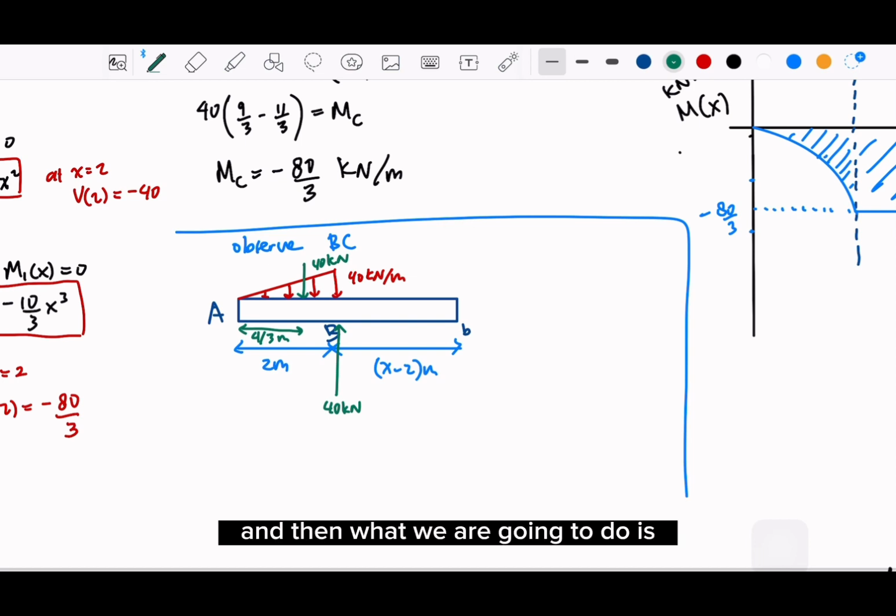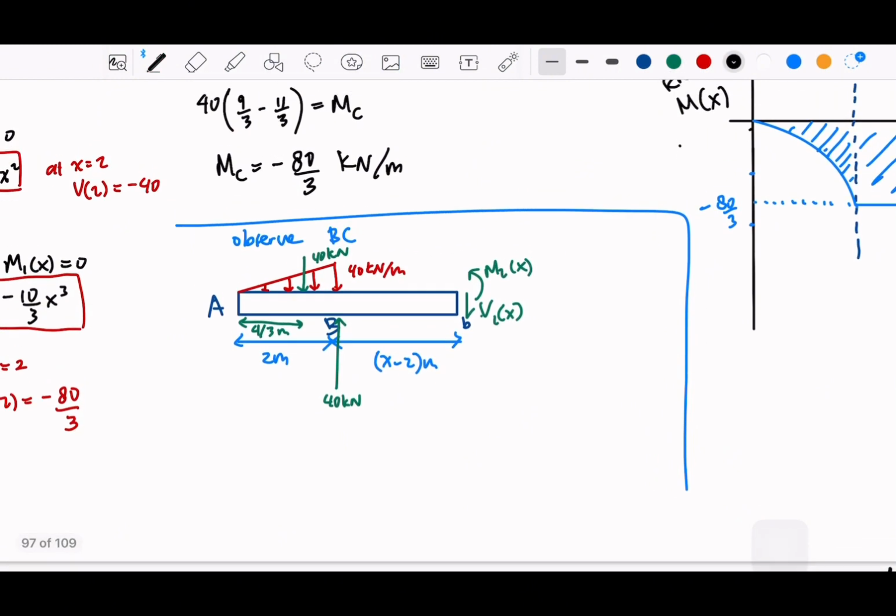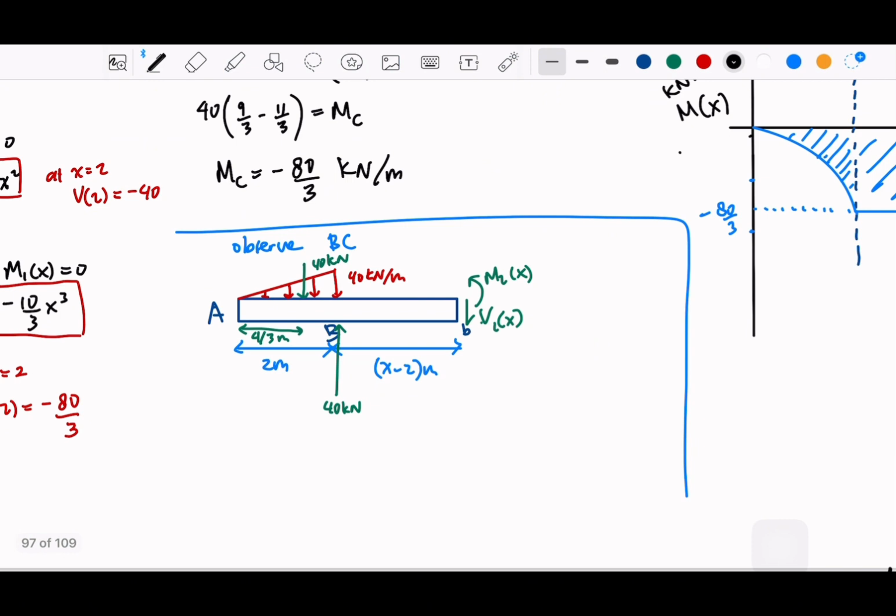And then what we are going to do is define the M2, oh sorry, V2, this is V2, and then the M2. So we can take Fy equals 0.